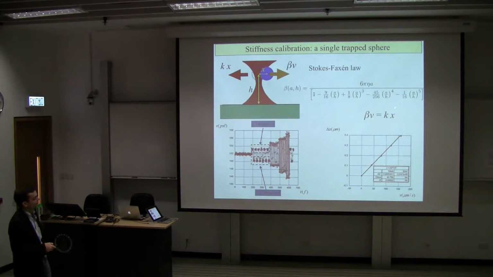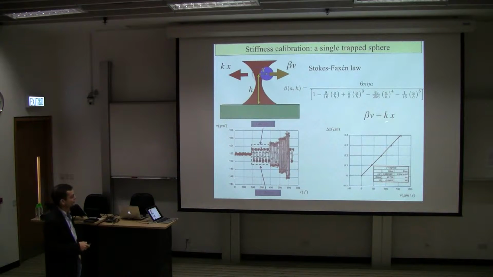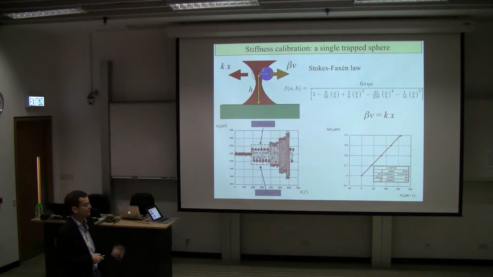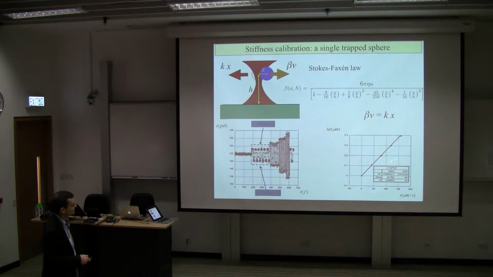Then we can calibrate the stiffness by just measuring the displacement x. This we do with a single sphere, before doing the experiment, right? Here we measure the displacement for different velocities, and since we know beta, because everything here is known, I can know the stiffness.